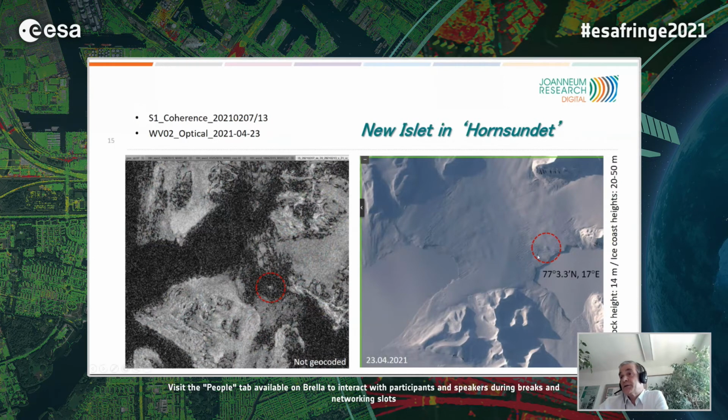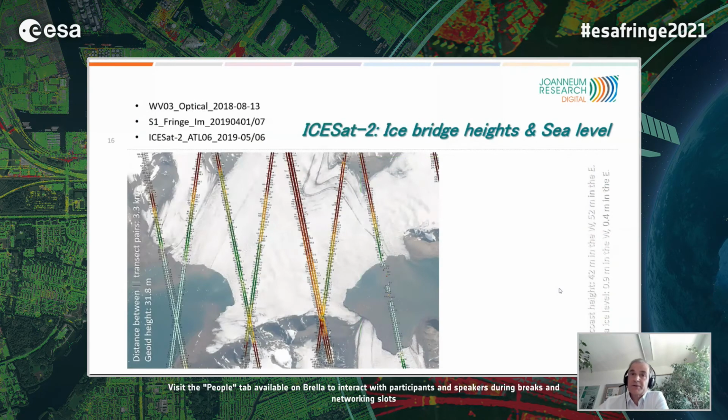And this hindrance can be seen as a small hill with a height of 14 meters in an optical image from April 2021. By the way, we used also such optical images for determining the heights of the glacier fronts, and controlled it also with the ICESat altimeter transects.